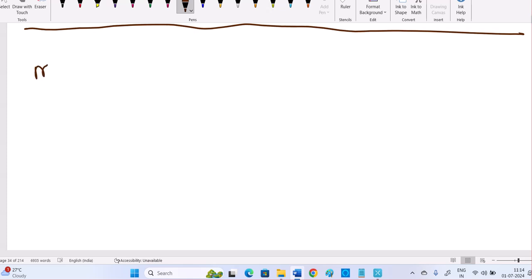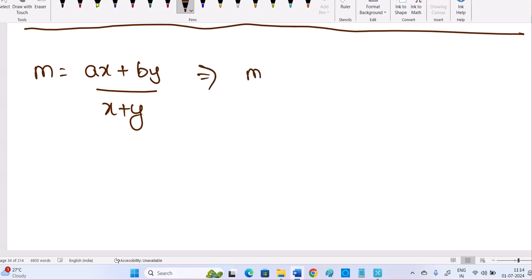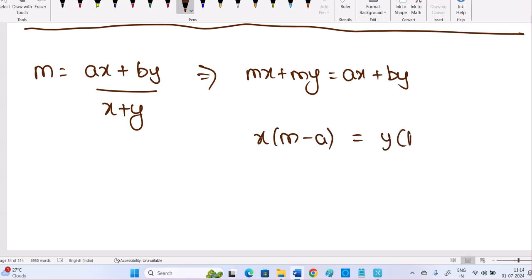See, the mean price formula from before, when there are two varieties, is (ax plus by) divided by (x plus y). Now do cross multiplication: mx plus my equals ax plus by. Take all x terms to one side, all y terms to the other side. m terms I am sending to one side, x terms, all y terms to the other side.